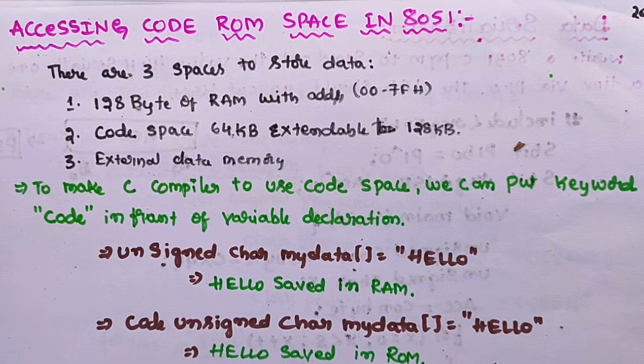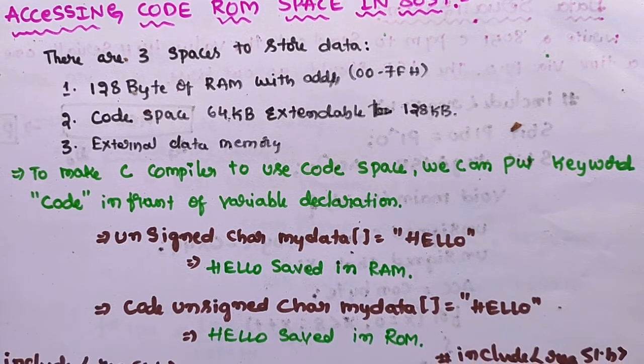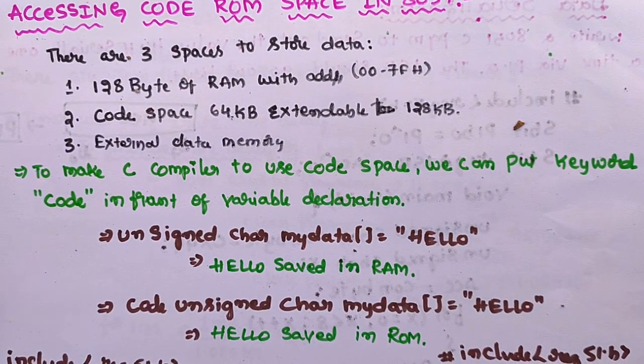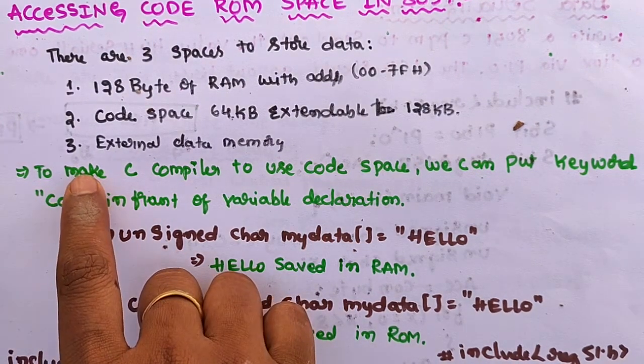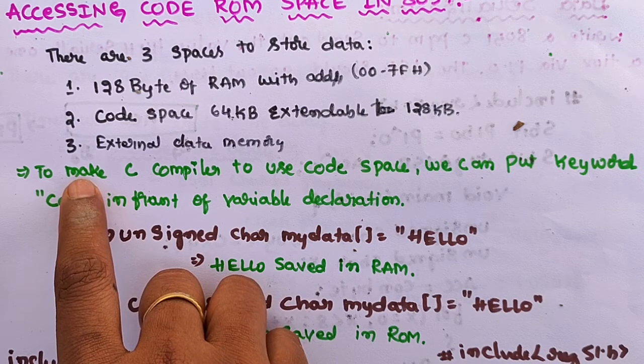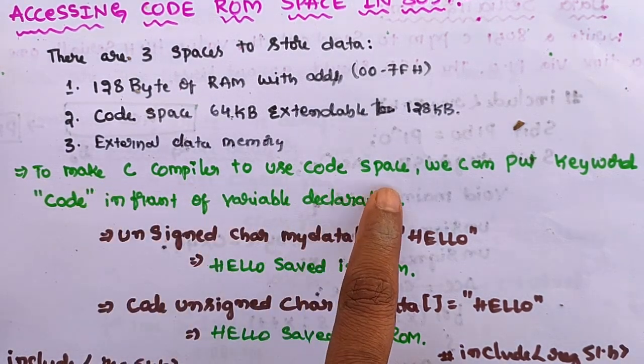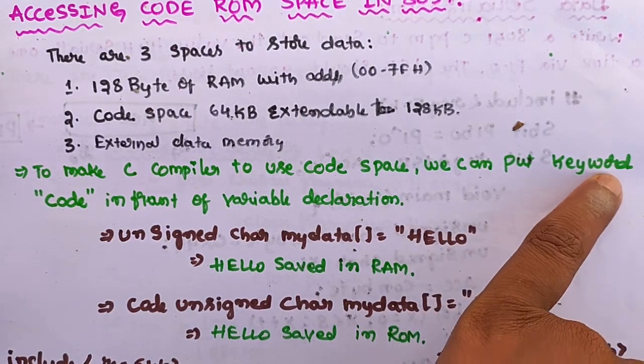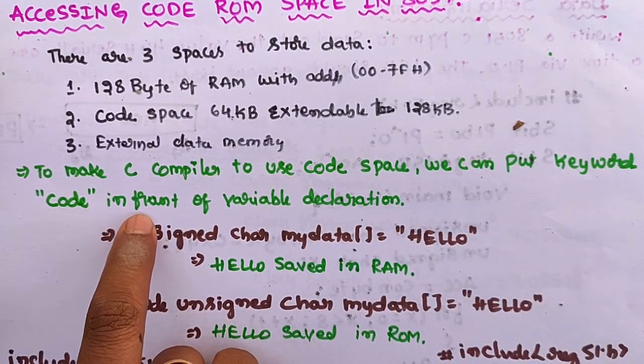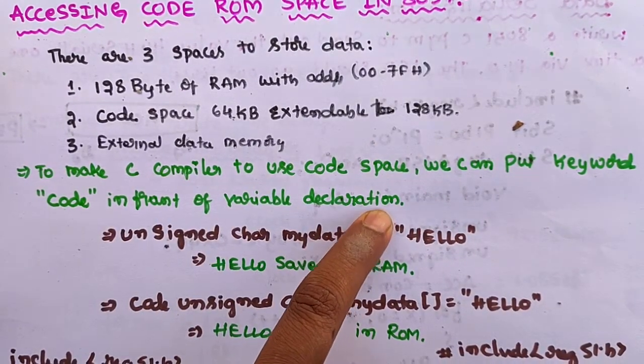In order to access this code ROM space, we need to use a different type of data type. To make the C compiler use the code space, we put the keyword code in front of the variable declaration.